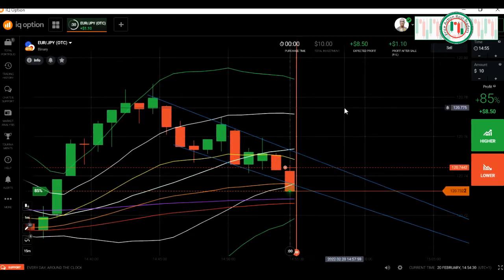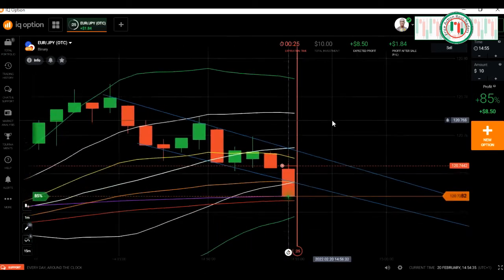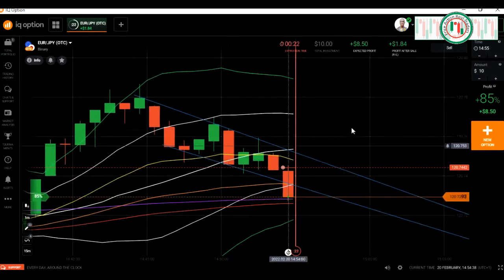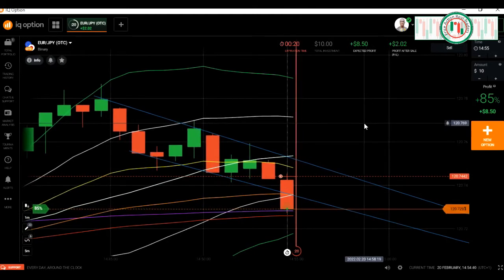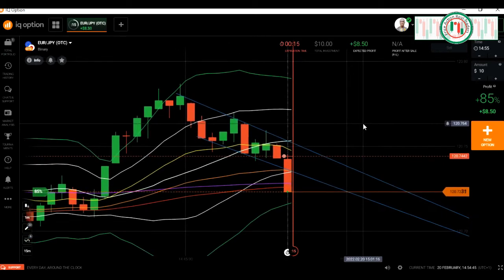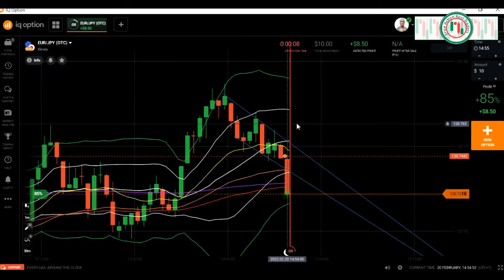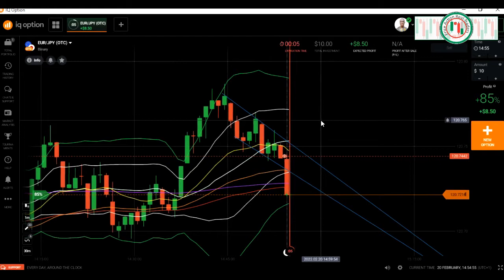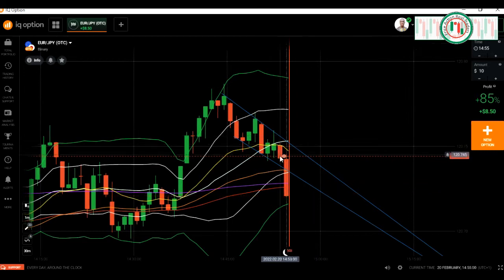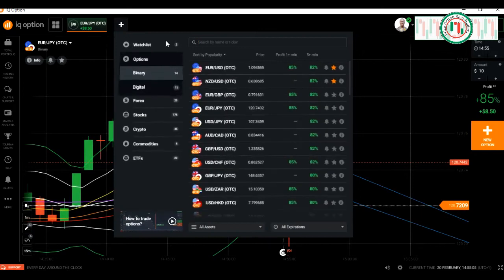That's why I place my trade, a put option, because of this 20 EMA pullback. This is a strong sellers entry. This is a winning trade. So let's analyze another market.